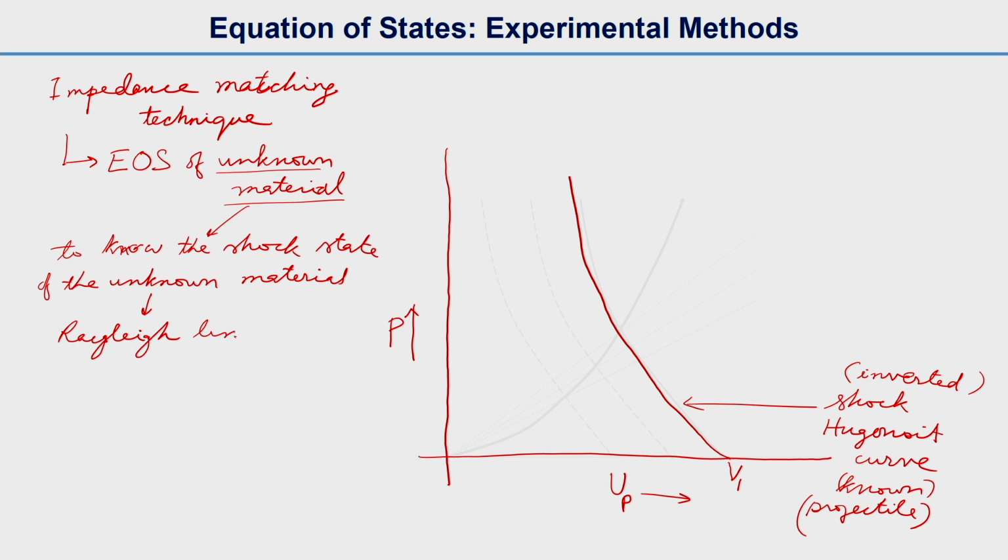We can draw one Rayleigh line which will have a slope of rho naught U_s.